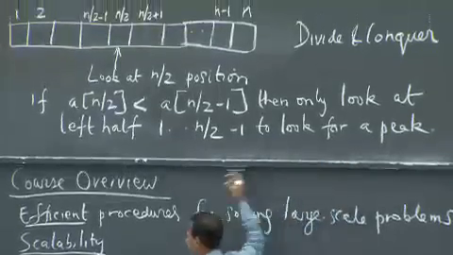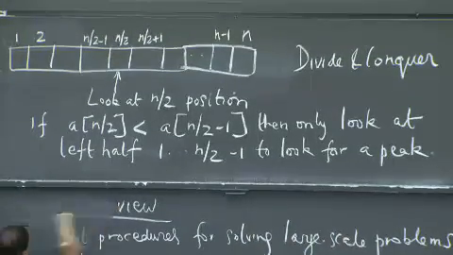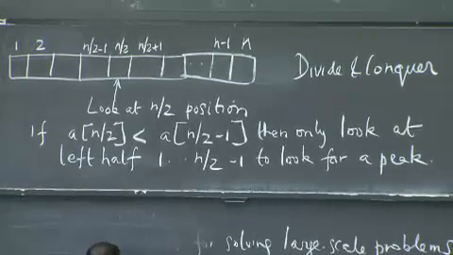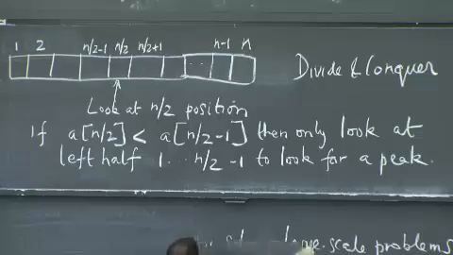Right? So that's step one. And I could have done the right-hand side or the left-hand side. Doesn't really matter. I chose to do the left-hand side first, the left half.